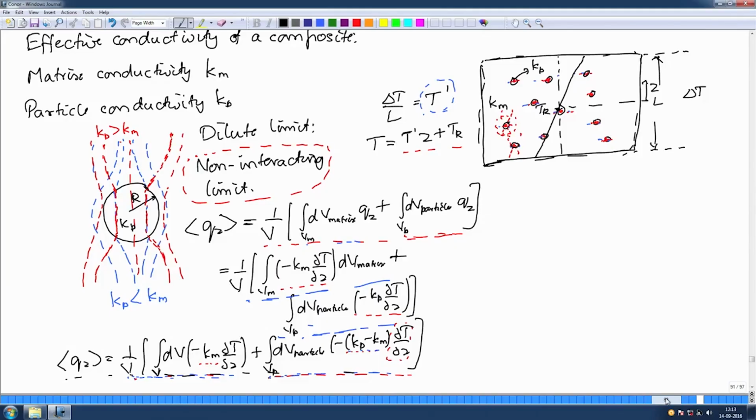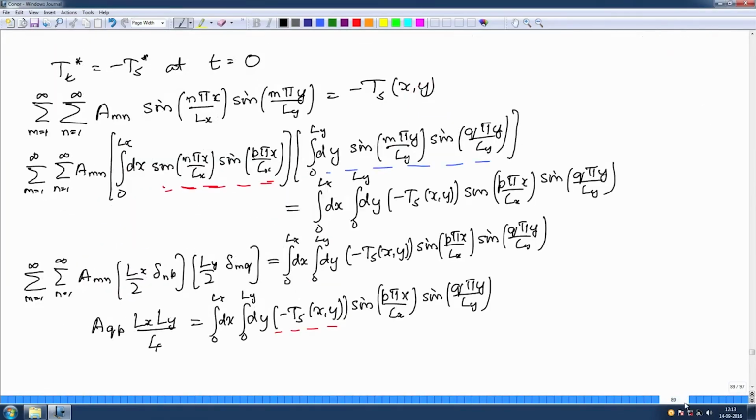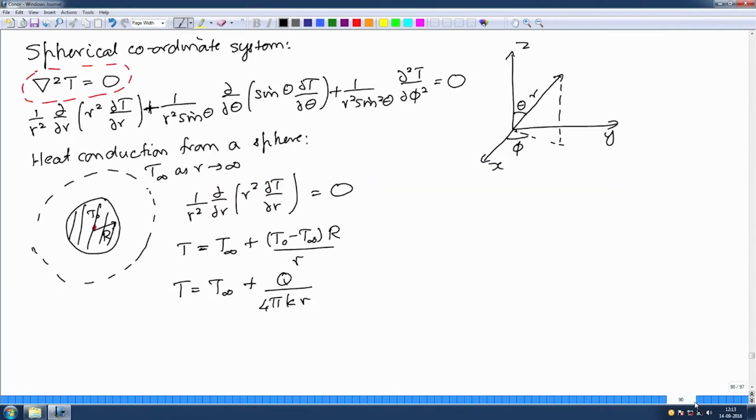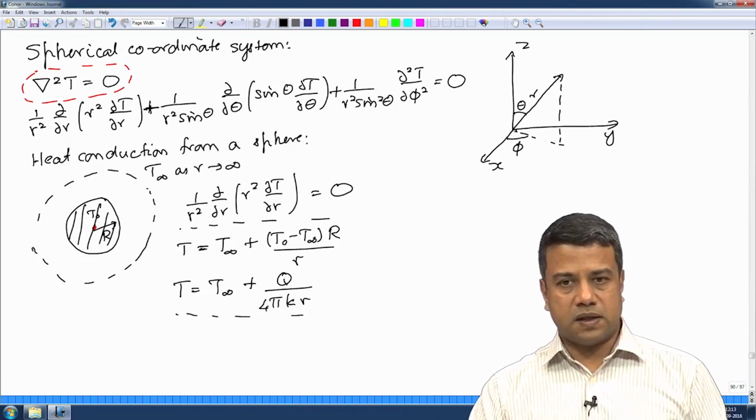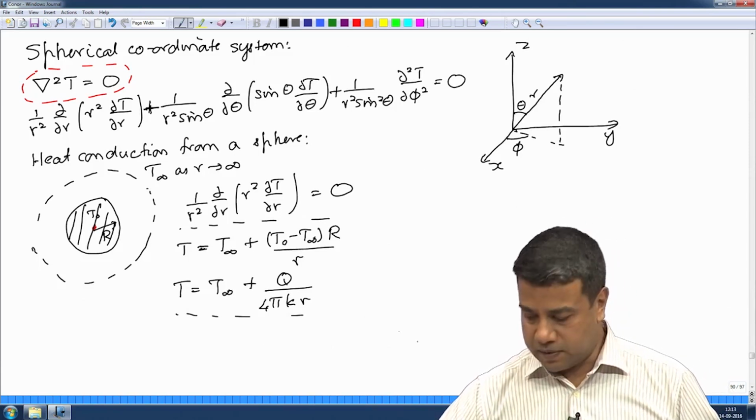First, I had done it for you for a very simple example of a simple spherical coordinate system where there was a variation only in the radial direction and we had got the temperature fields. If you recall, from this we had found that the Nusselt number has to be 2 in the limit for the diffusion problem.